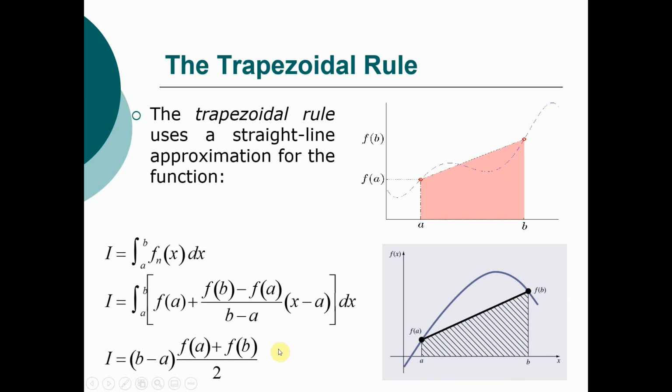okay? This is called the trapezoidal rule, because we are basically approximating the area below this curve with the area of this pink trapezoid. You will see that this is not going to be exact. We have some error. In this case, you see we have a huge amount of error.